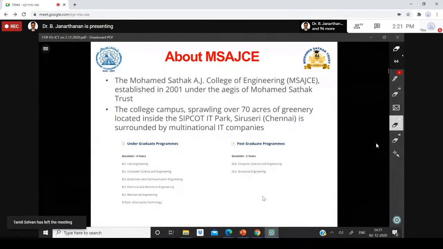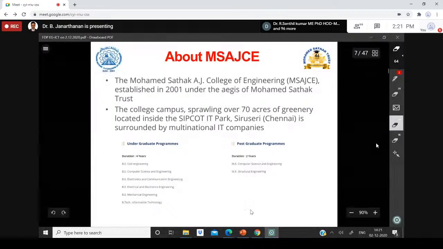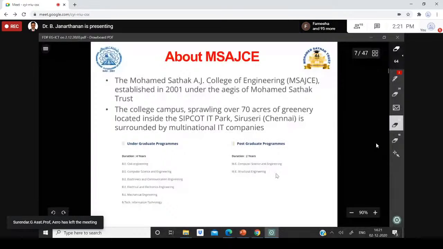We can call it inside the SIPCOT IT Park, Siruseri, where several multinational IT companies are present. We offer undergraduate courses in these 6 disciplines of core engineering, and we also offer postgraduate courses in these 2: engineering in computer science as well as civil structural engineering.